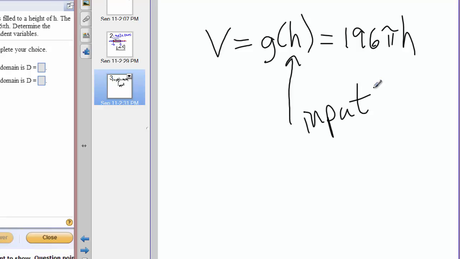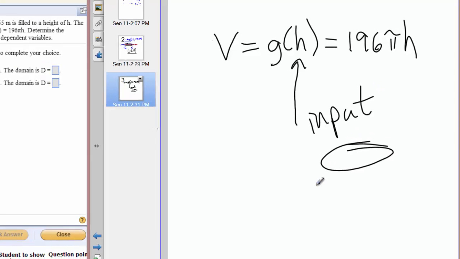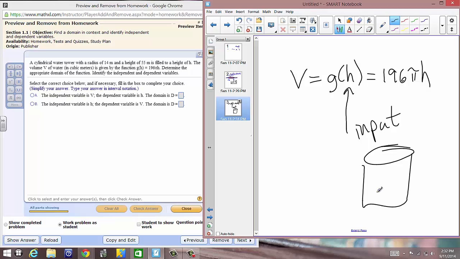So we are looking at part B here, and now we have to figure out the domain. What does h range from? Well, it's a cylindrical water tower, and it has a height of 55 meters. So here's our water tower. There's the height.